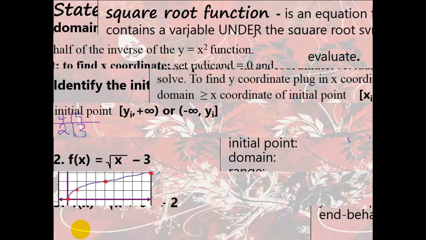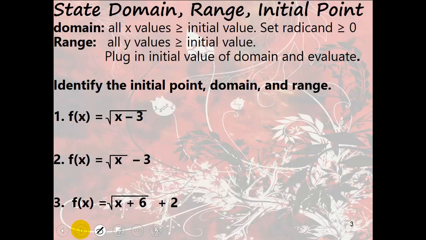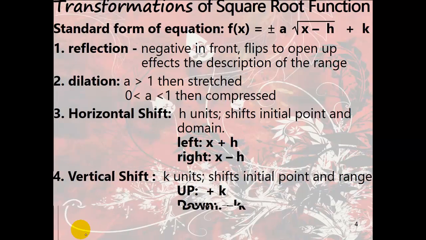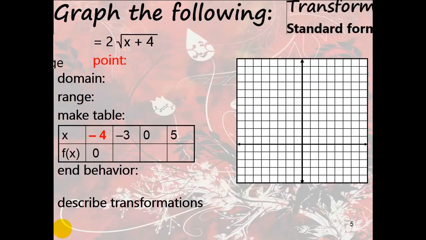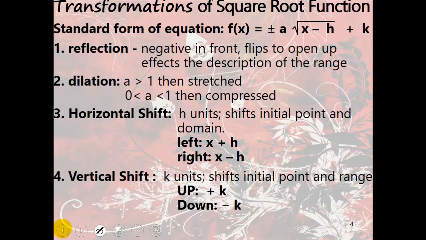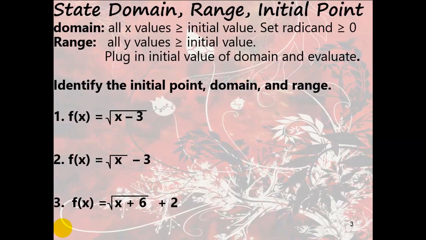So let's just practice stating the domain, the range, and the initial point. To find the initial point, you basically set the radicand greater than or equal to 0. So x minus 3 is greater than or equal to 0. So x is greater than or equal to 3.